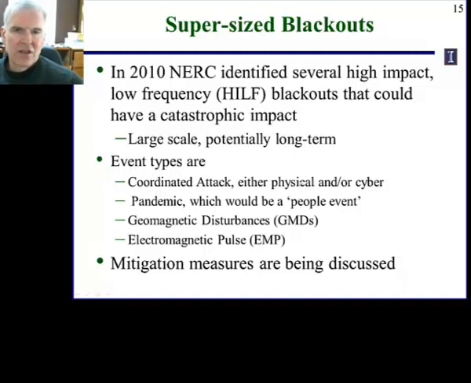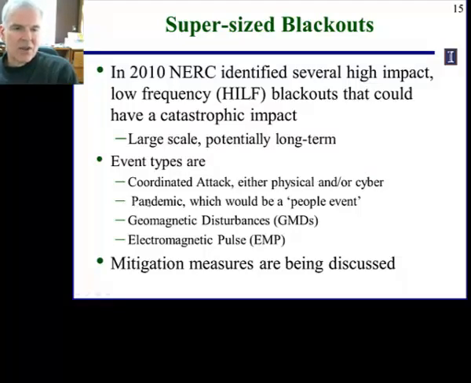And if it's physical, then they're physically destroying either high voltage transformers or transmission lines. Certainly that could have an impact on the system, but the people would have to be physically present. Another coordinated attack would be a cyber attack, where somehow people hack into the system, and by hacking in they're able to do control actions that take out the power grid. Both of these have the potential for wide-scale outages.